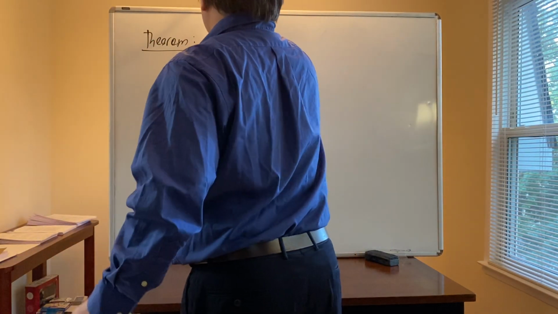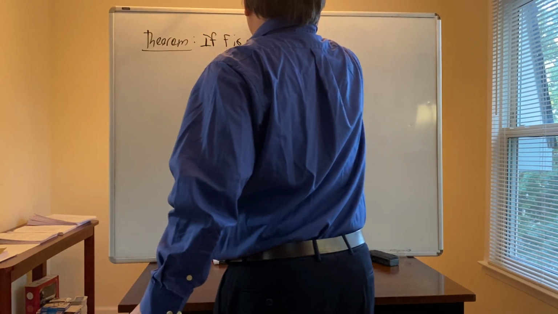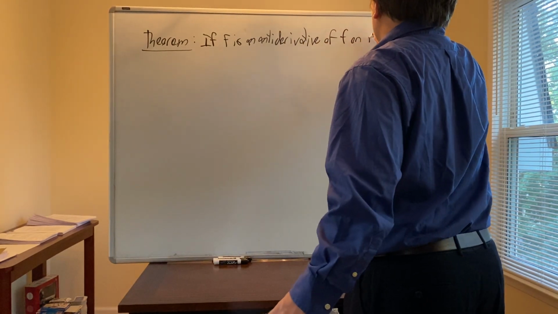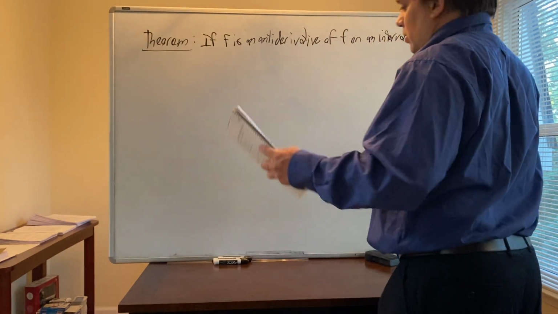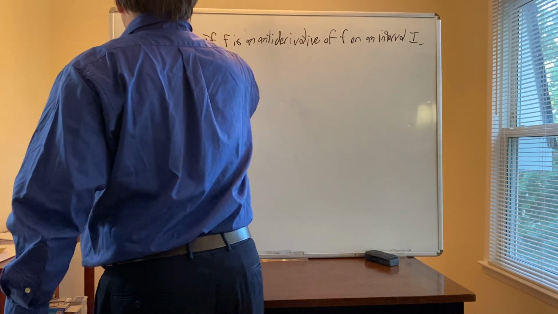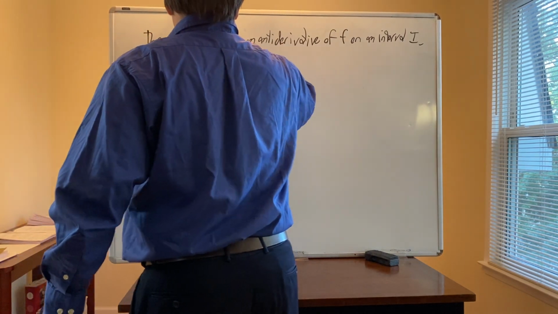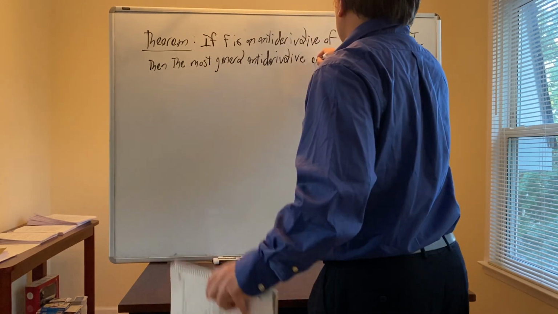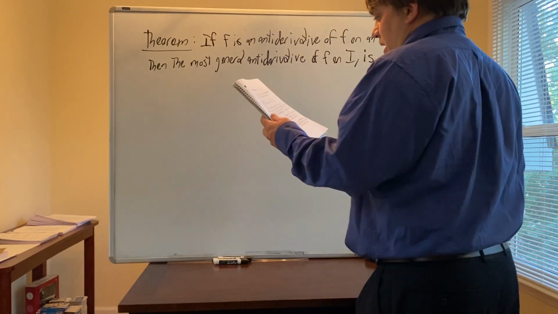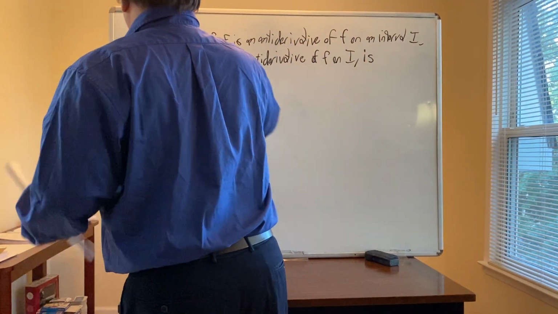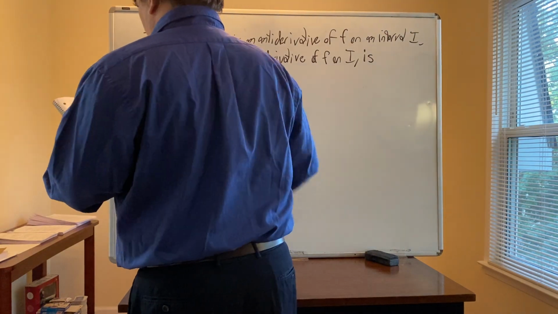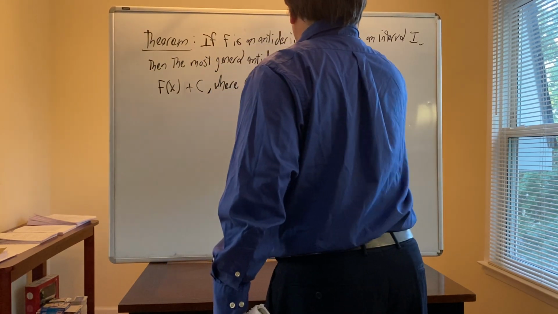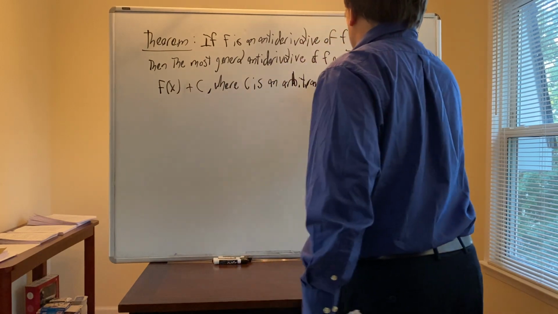So theorem: if capital F is an antiderivative of little f on an interval capital I, then the most general antiderivative of little f on capital I is capital F of x equals capital F of x plus capital C, where capital C is an arbitrary constant.